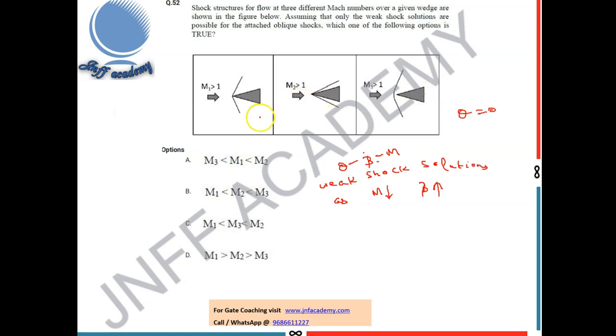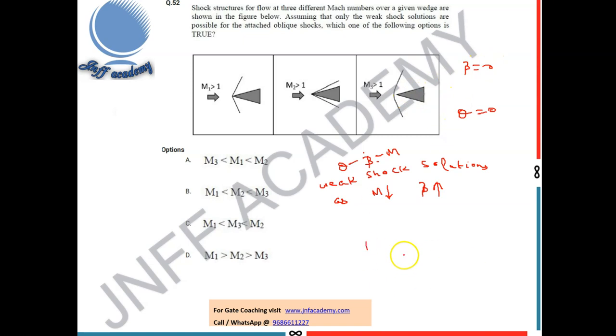So in all three cases, M1, M2, M3, the flow is supersonic. Now what they are asking is, which is having the maximum Mach number, or tell us the relationship between M3, M2 and M1. But what they have given, in M3 the flow has detached, where the beta will be maximum. It's almost similar to a normal shock, right?